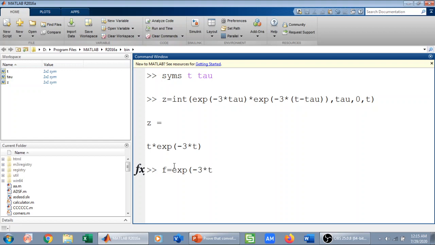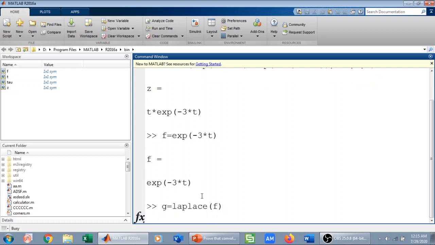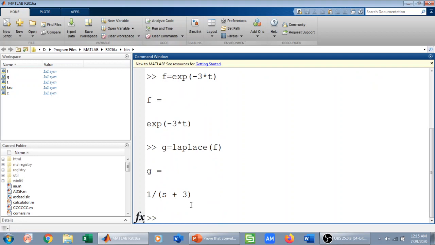This was my input signal x of t. I have to convert it into Laplace transform, so I will say g is equal to Laplace of f, where f is e power minus 3t. I am converting this into frequency domain, and I will get 1 divided by s plus 3.